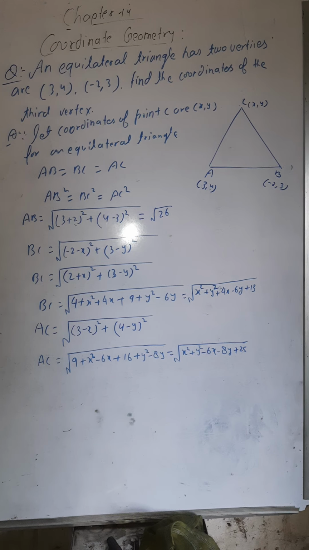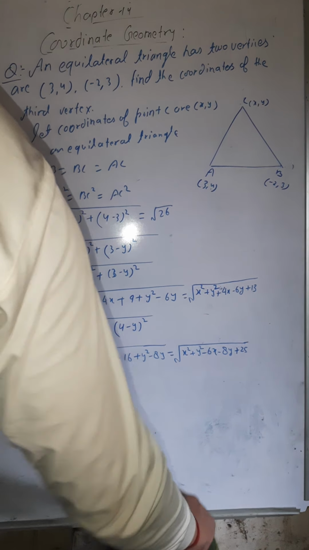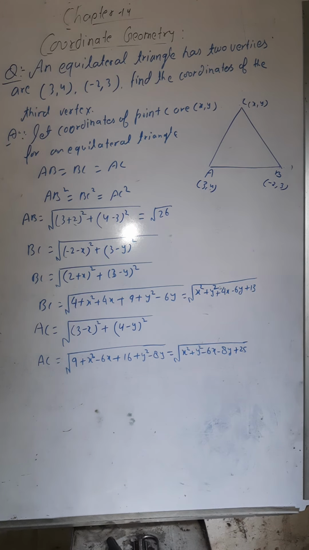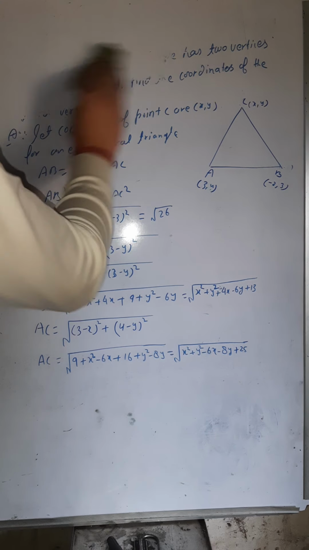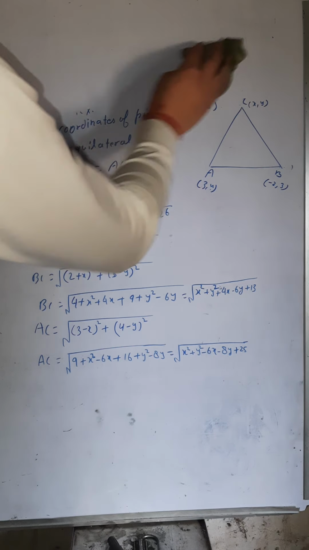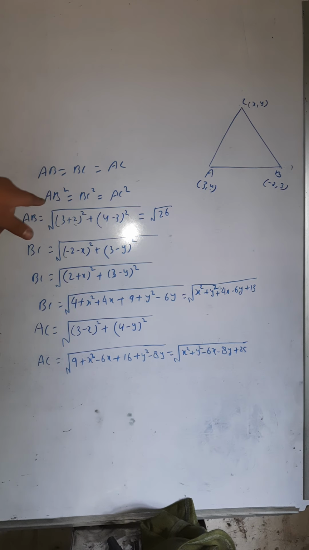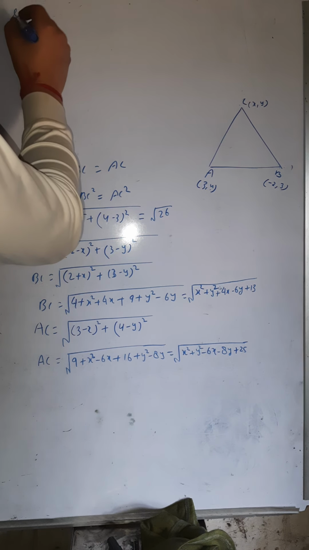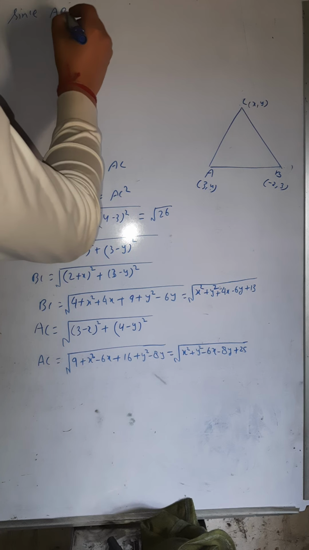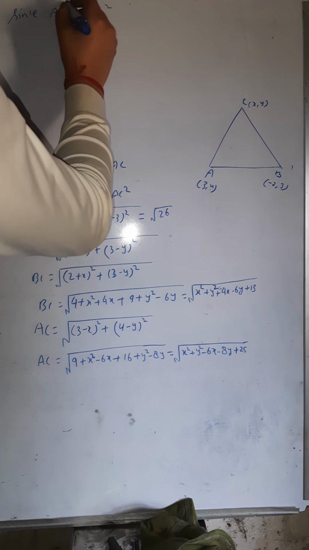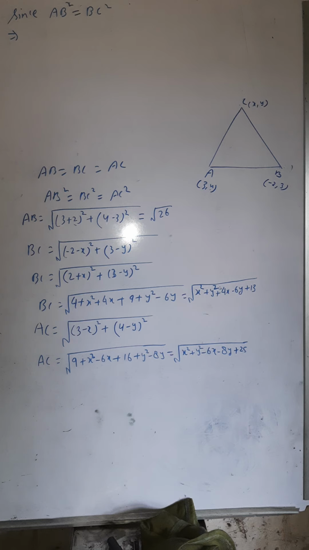Okay. Now I will use this, since AB square is equal to BC square, means this and this will be equal. Let's see. Okay. Now upside I'm erasing it. Hope you have written this. Okay. Now I will use this thing. Since AB square is equal to BC square, if this is so, then AB square means AB is how much?